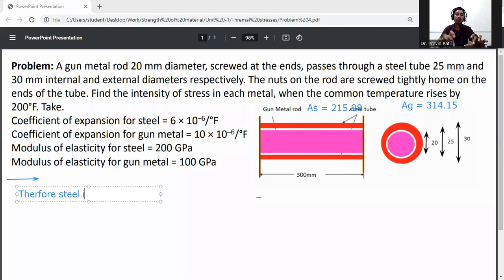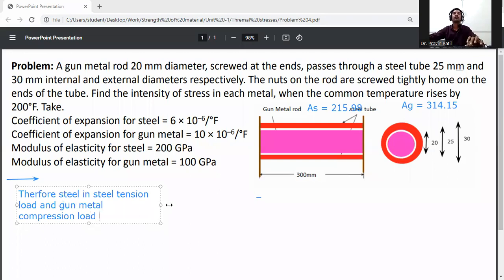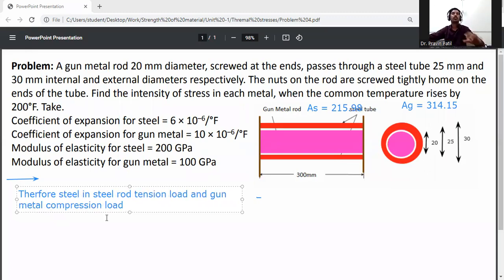Therefore, in the steel rod, tension load will develop, and in the gunmetal, compression load will develop.